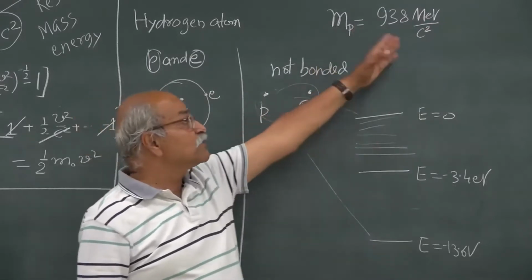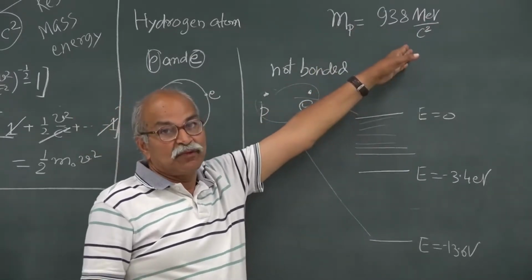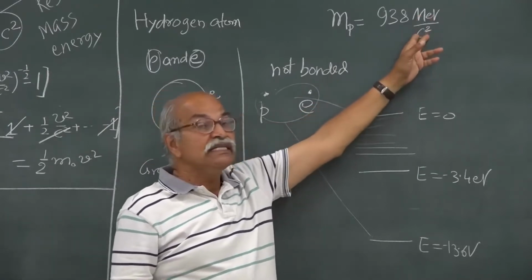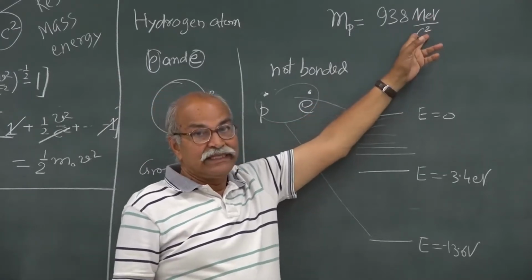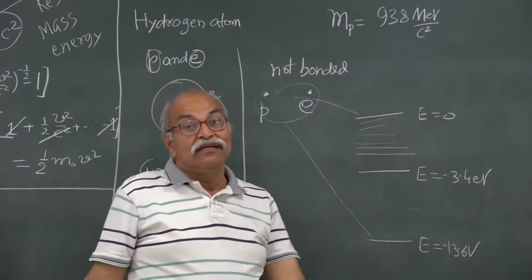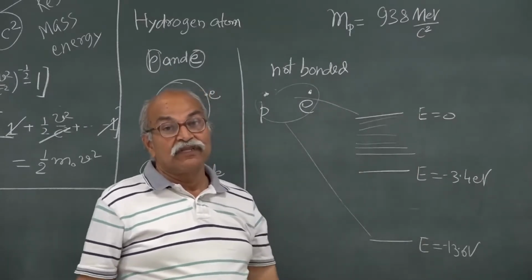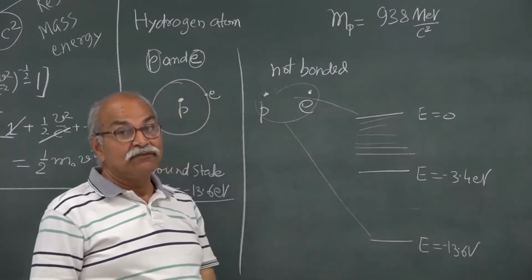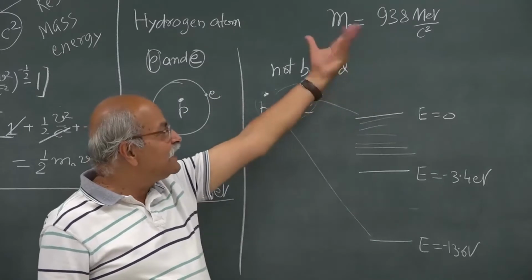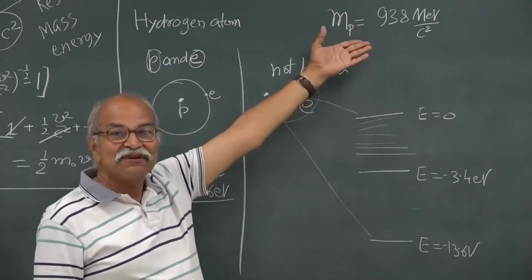I am writing the rest mass of the proton, and mass I am writing in units of MeV by c square. This is a very common unit of mass used by atomic physicists, nuclear physicists, then people working with quantum mechanics. They use these kinds of units for mass.